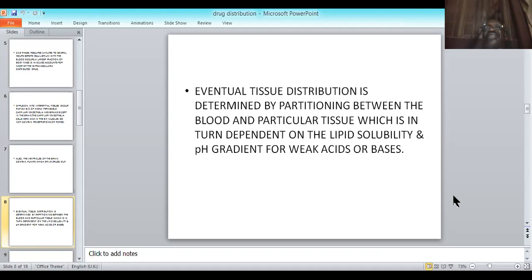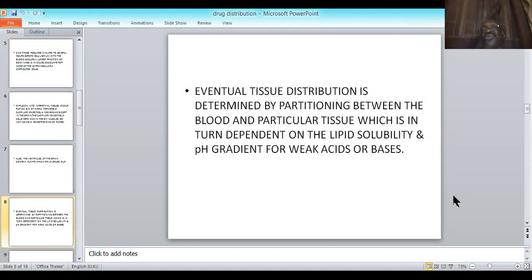The tendency is that where in a tissue the pH is more acidic, then you expect that some drugs, depending on their level of acidity or alkalinity, will get trapped there.